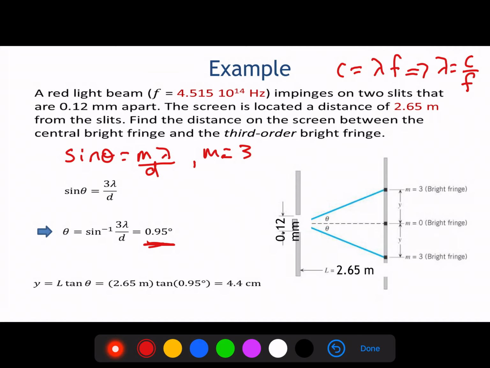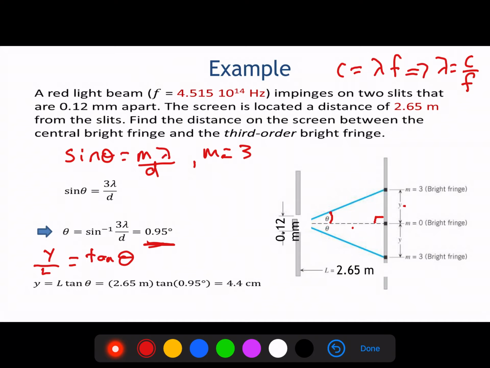Well, in order to determine this y, I need to know something about this angle theta. And if I think about it geometrically, this is also a right triangle, and this is the opposite and the adjacent side. So y over L is going to be equal to tangent of theta.